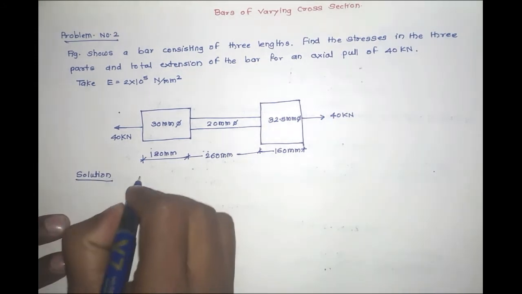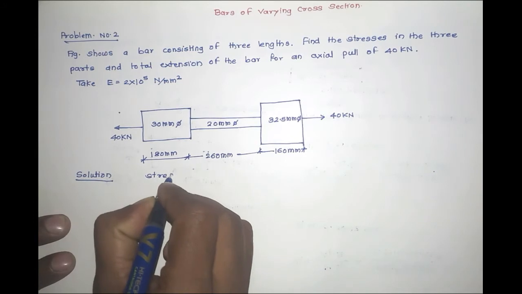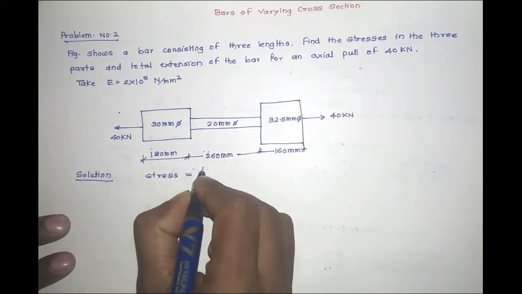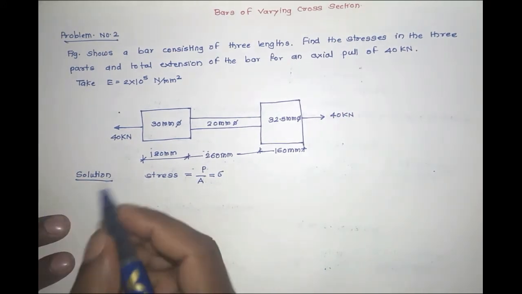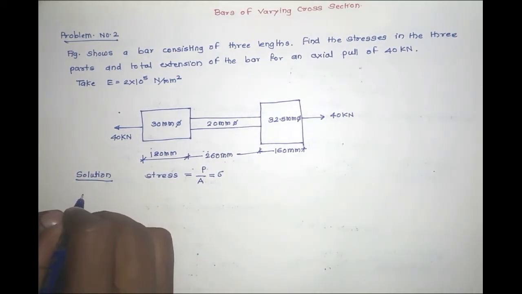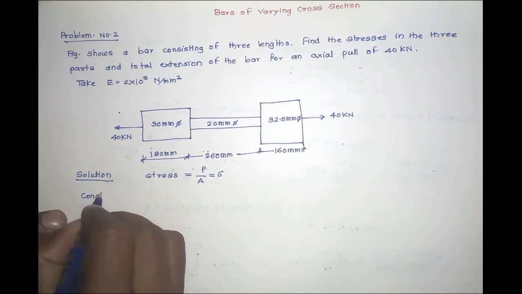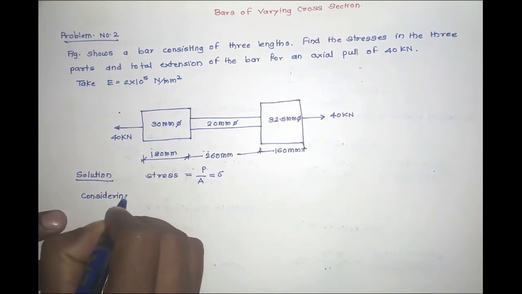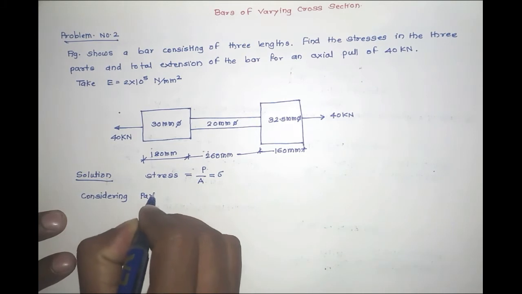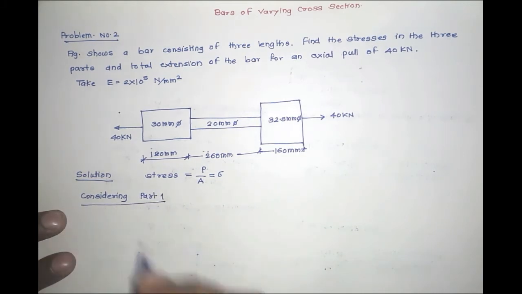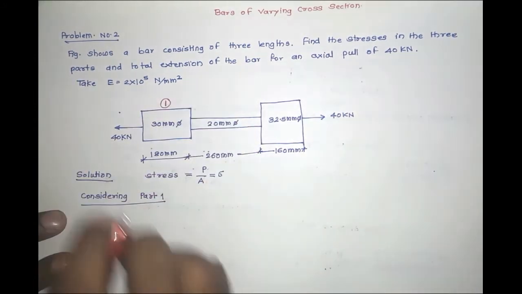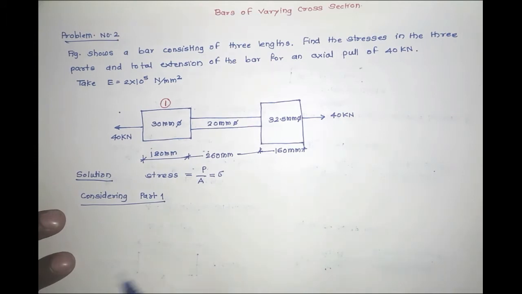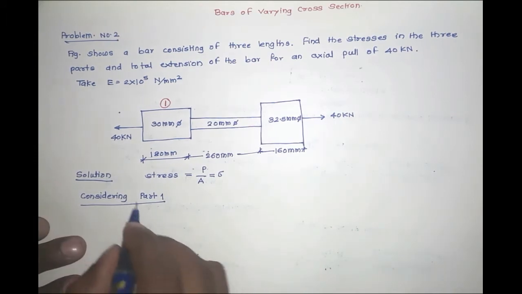We know that stress is equal to load divided by area. Here we will consider part 1, which has a diameter of 30 millimeter and a length of 180 millimeter, and it is subjected to 40 kilonewton.